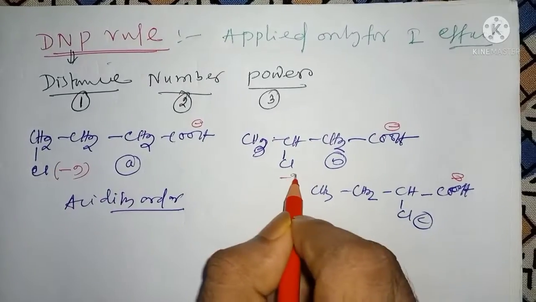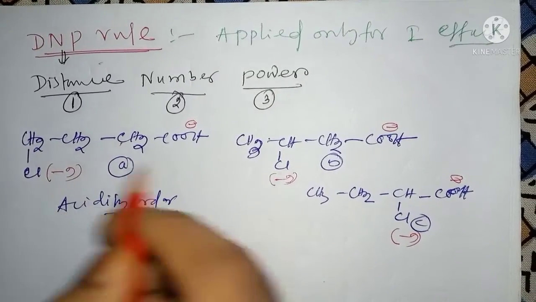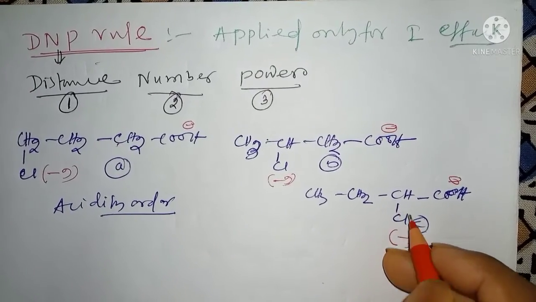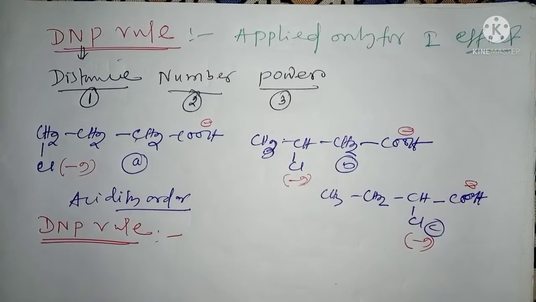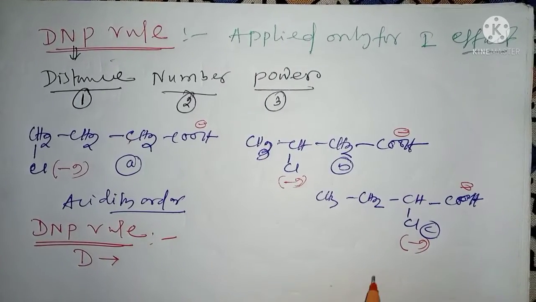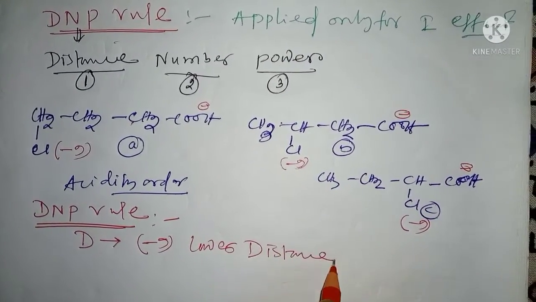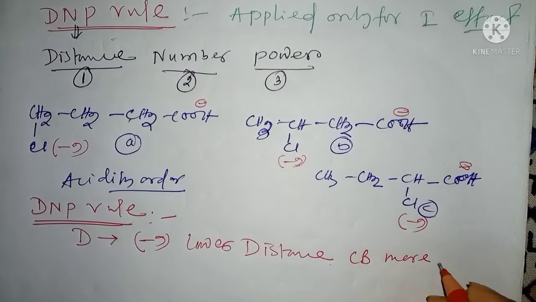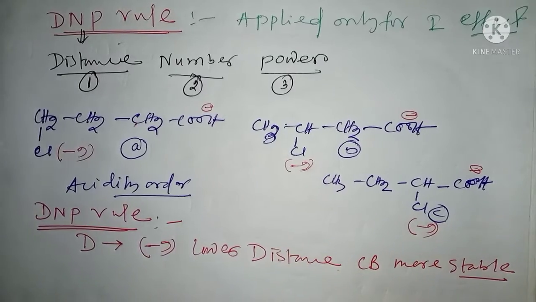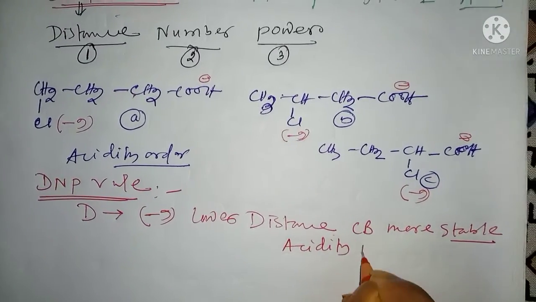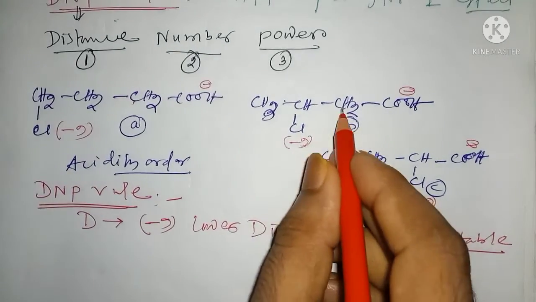Cl is at the third position, second position, and first position. Apply the DNP rule: first check distance. Lower distance from the minus I effect makes the conjugate base more stable, because as the minus I effect increases, conjugate base stability increases and acidity increases.